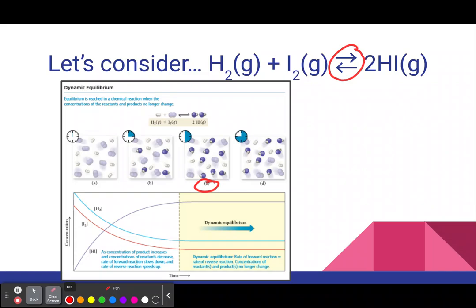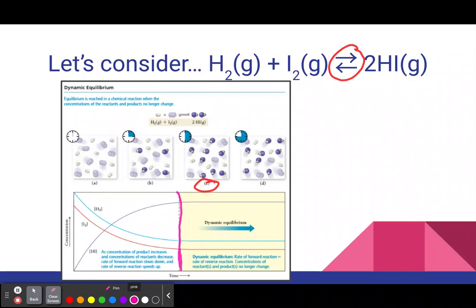You'll notice, guys, that the rate of the reactants initially starts off fast, but gradually slows down as the reaction proceeds. Conversely, the rate of the HI speeds up throughout the reaction until, of course, dynamic equilibrium is reached. Dynamic equilibrium is reached right where I'm about to draw this pink line.